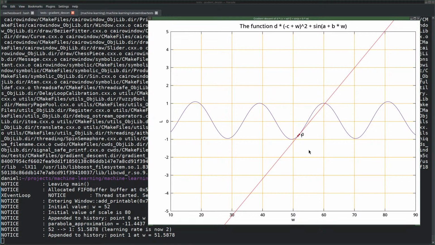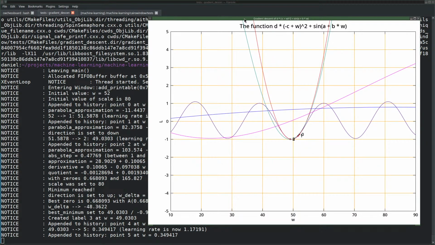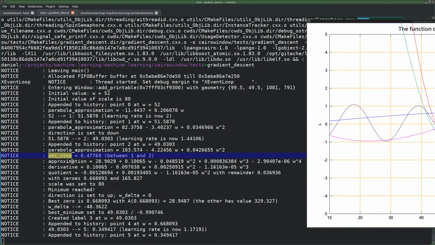Okay, so it says up step. This is not correct, is it?